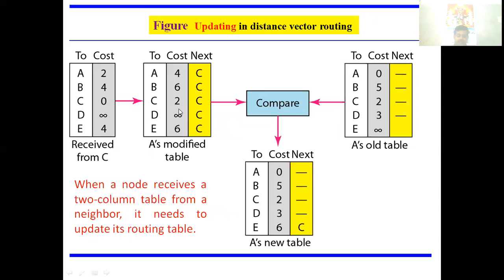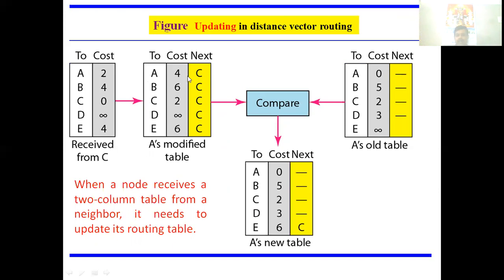So the first step is adding to the routing table received from C the distance between A and C, which is 2. So to all these values, 2 is added. And in the third column we are putting C, meaning the data is received from C.